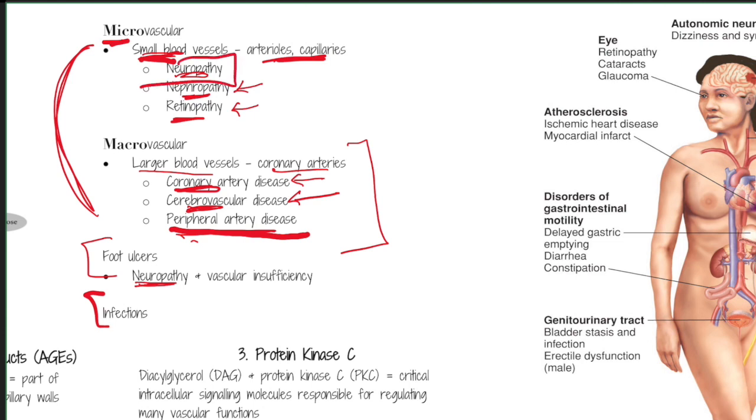Those are affected, and so you get this pins and needles or lack of feeling. But then you also have vascular insufficiency, which has more to do with PAD, where the blood isn't getting there in general. And this is where you end up with gangrene or giant necrotic foot ulcers that often have to be dealt with through amputation.